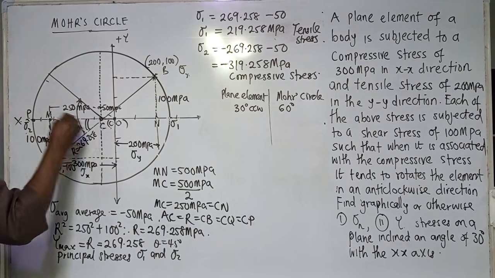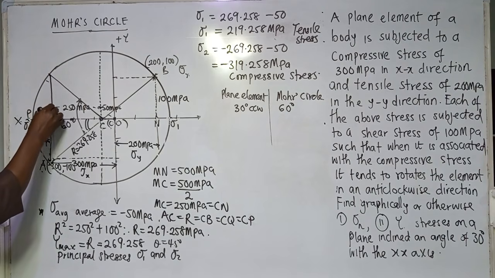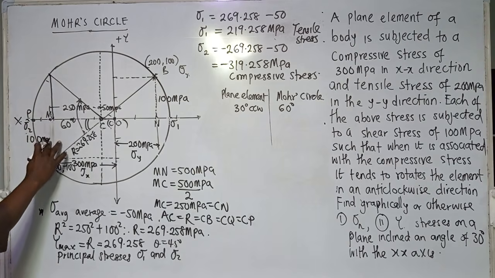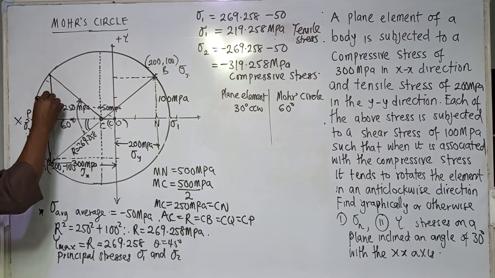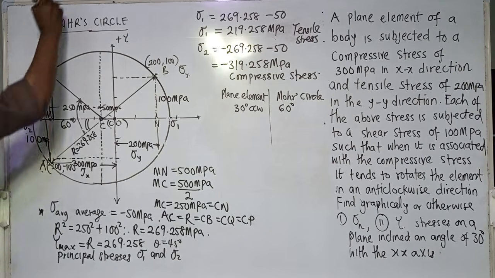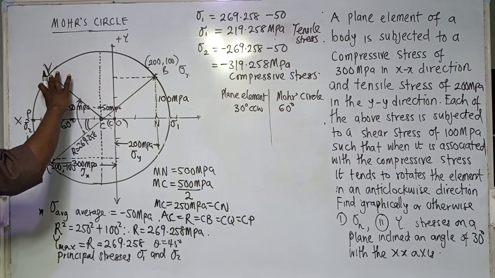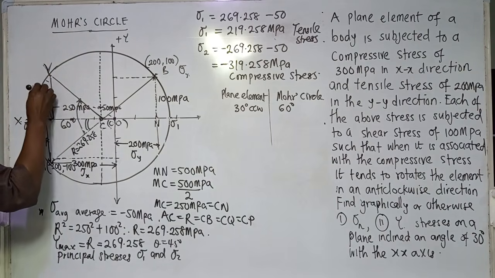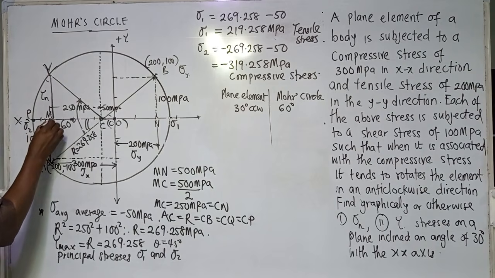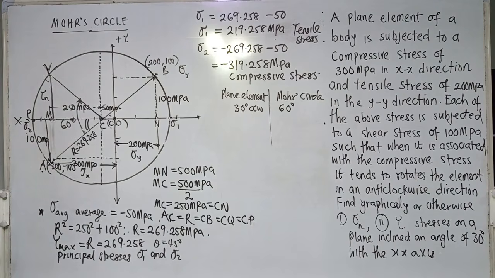We have to find this place. This one now gives us a new normal stress. Let's call this one, let's say V. So this is the new shear stress. Then this is the normal stress. So that is what we are going to do now.